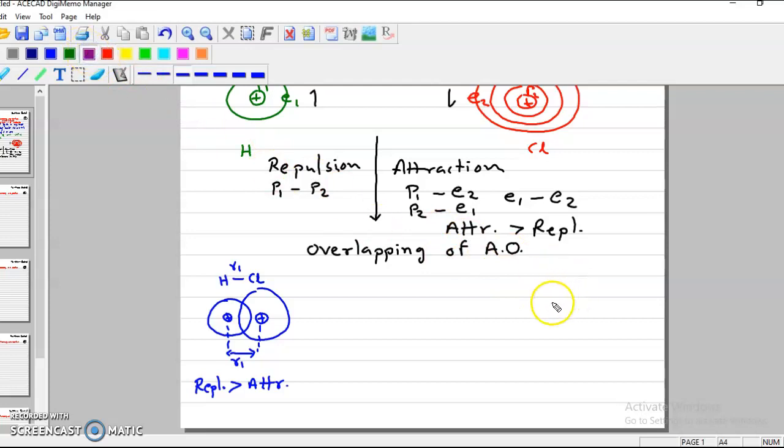where hydrogen and chlorine will overlap, but very little overlapping takes place, and they will reach this distance where, now we can say, R2 distance, where attraction is greater than repulsion.